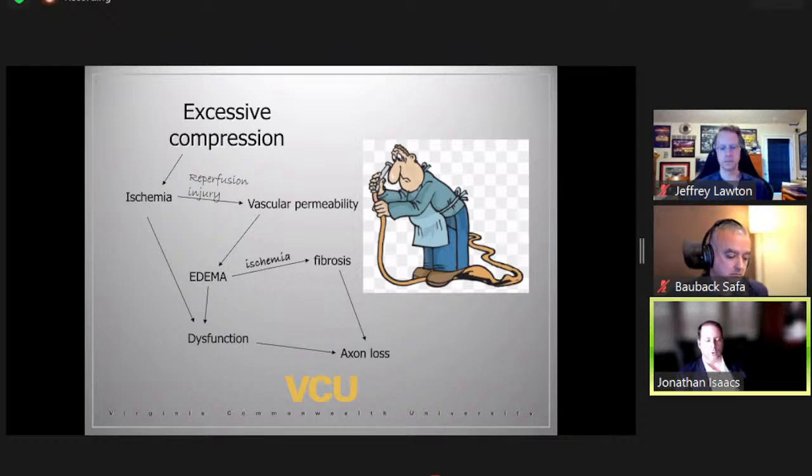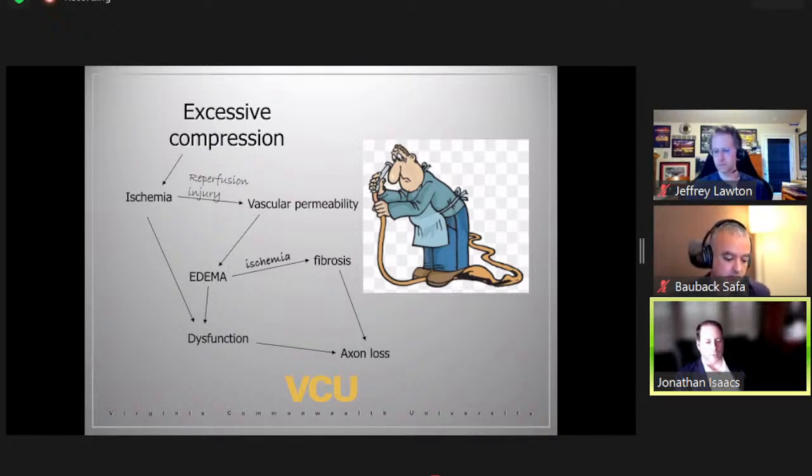But when it happens over and over again, there's actually a reperfusion injury, so in carpal tunnel or cubital tunnel, and this results in increased vascular permeability, leading to edema. And now you have a swollen nerve that's running in a tight space, and the nerve can fall into this kind of downward spiral where the ischemia now leads to fibrosis, subsequently potentially axon loss.